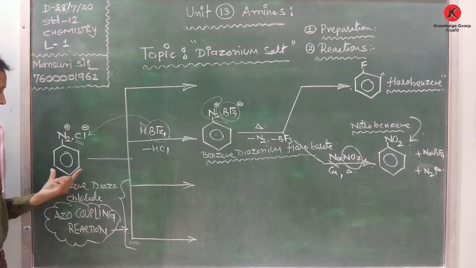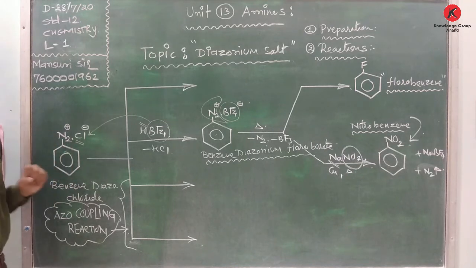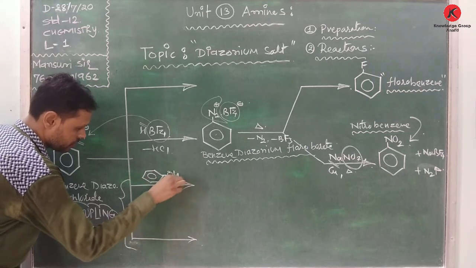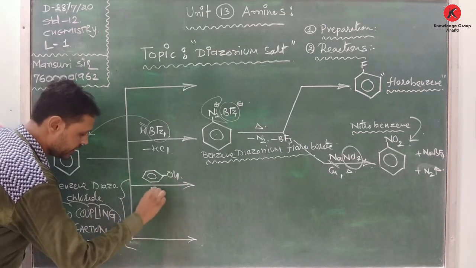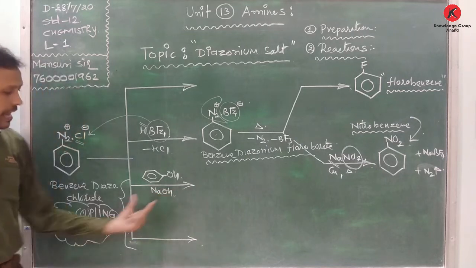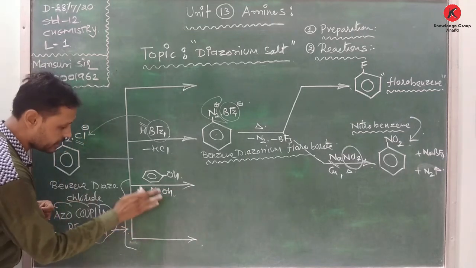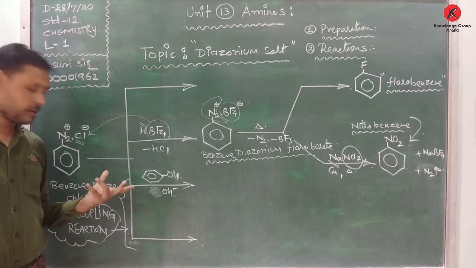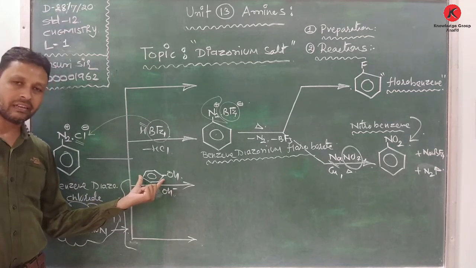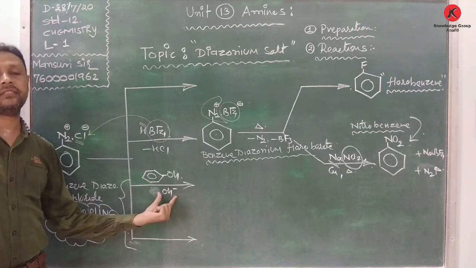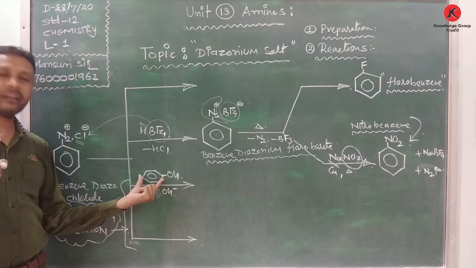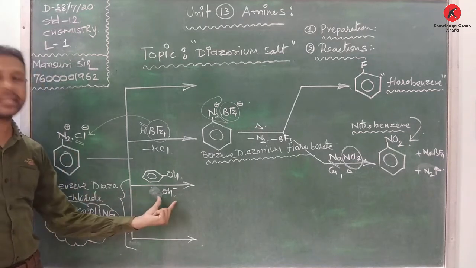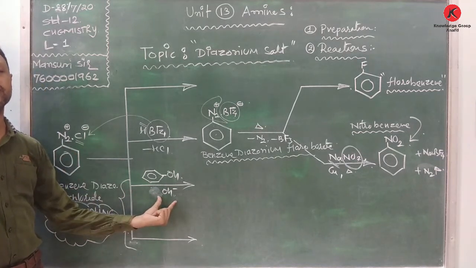Let me discuss. Now first of all, when benzene diazonium chloride reacts with phenol, which is soluble in NaOH, in your textbook it is written as OH minus. So we can conclude that when phenol in presence of OH minus, that means base, reacts with benzene diazonium chloride in basic media, then para-hydroxyazobenzene is formed.